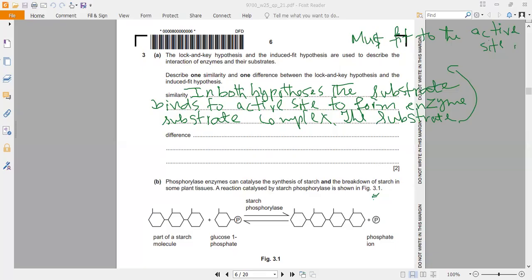So in lock and key, they just work like a lock and key, but in induced fit, the shape is a little bit altered to fit the substrate. We will write all this in the given space as I'm writing on the screen, so it will take more space than writing on proper paper.